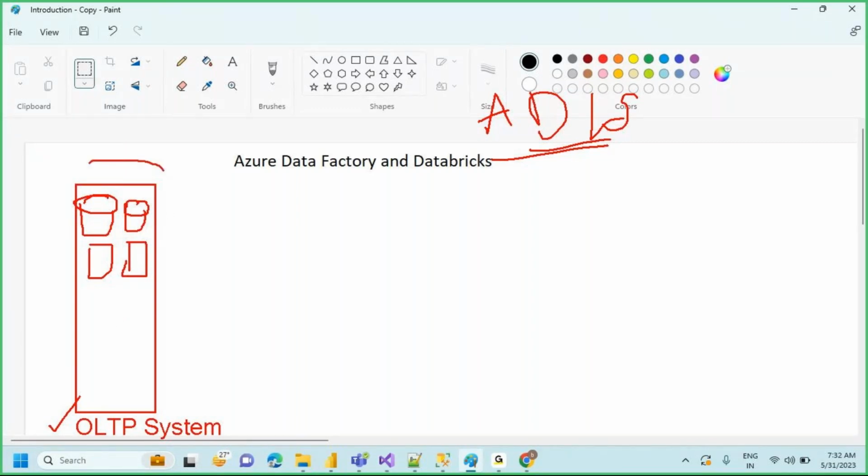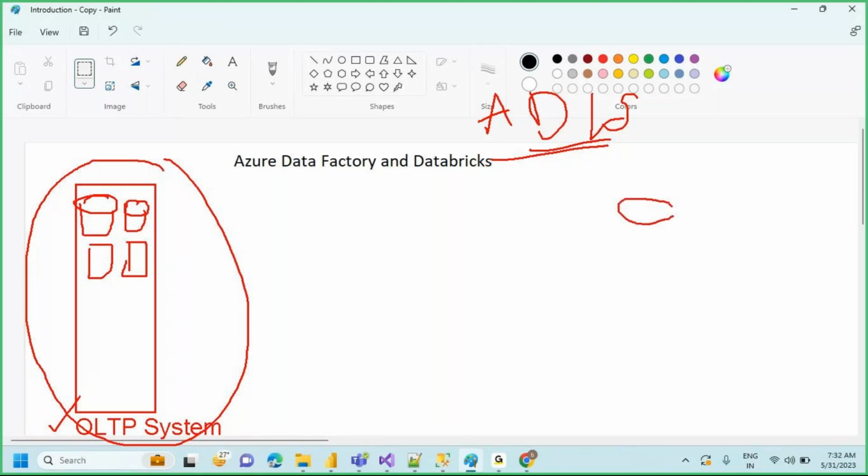So wherever you have your business data, that system is an OLTP system. From here, we take it into the OLAP system. So what does OLAP system mean? Here also you are going to have many systems.